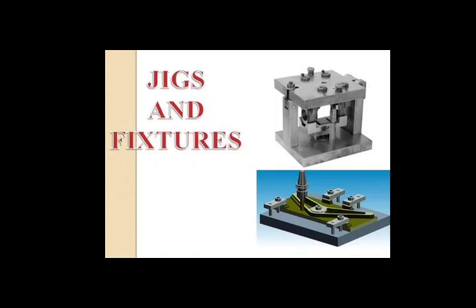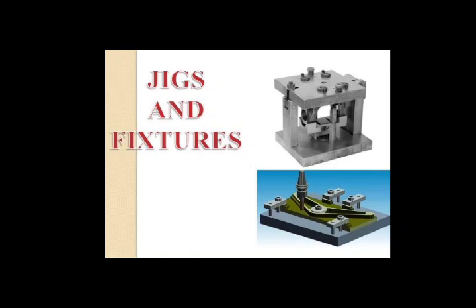Cost reduction. The cost of jigs and fixtures should be as low as possible. It can be reduced by using preform materials, standard components, and by eliminating unnecessary operations. Interchangeability. Inspection devices provide interchangeability. Also, jigs and fixtures are designed such that they can produce interchangeable products.